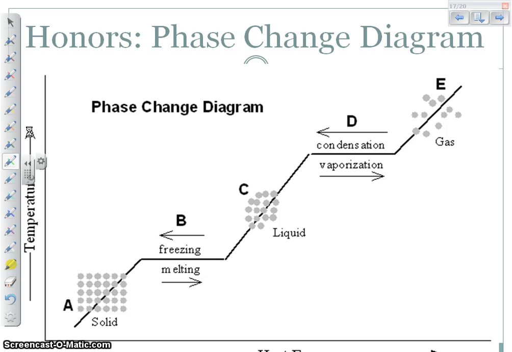For a different way of looking at this stuff, we have phase change diagrams. Basically, on a phase change diagram, our axes are the heat energy going along your horizontal axis, and we've got our temperature on our vertical axis. And as our temperature increases, you notice that we'll have solid, solid, solid down here, and at some point, and we talked about this, at the same temperature, depending on which way you're going, you'll have melting occur if we're going from solid to liquid, or we'll have freezing occur if you're going from liquid to solid.